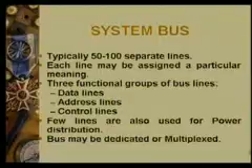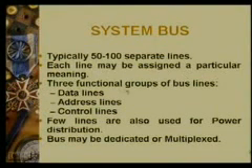What is a system bus then? Let's look at it in slightly more detail. Typically 50 to 100 separate lines. Each line may be assigned a particular meaning. There are 3 functional groups of bus lines: data lines, address lines, and control lines. Data, address, control.